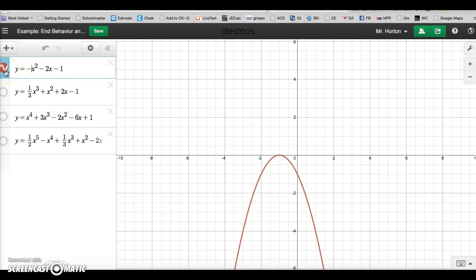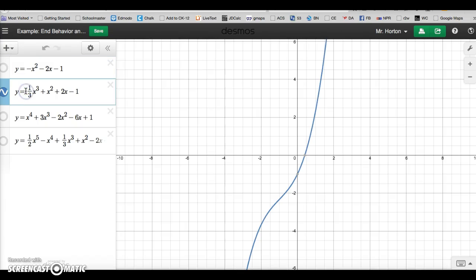So let's look at a third degree function. If we look at this, our leading coefficient is positive, so our a term is positive here. We have a cubic function. This is a third degree function, and the end behavior is down on the left and up on the right. So we would say this is down and then up.